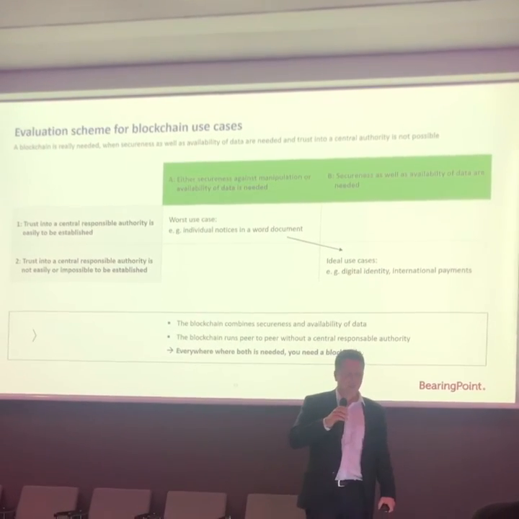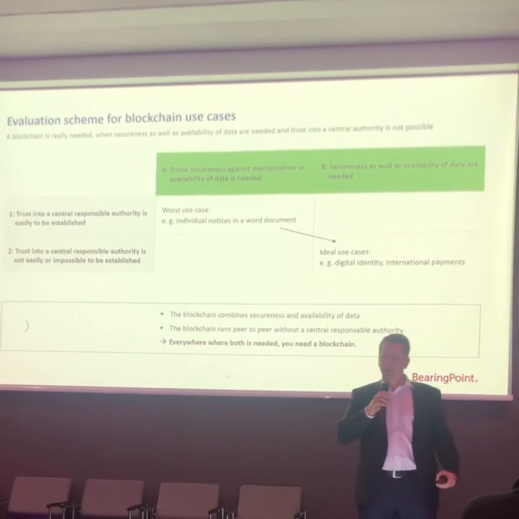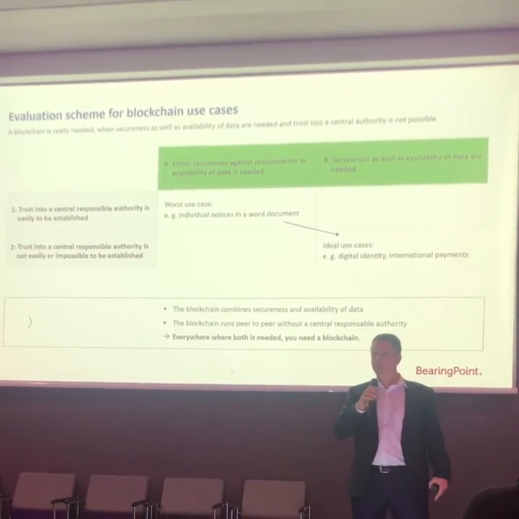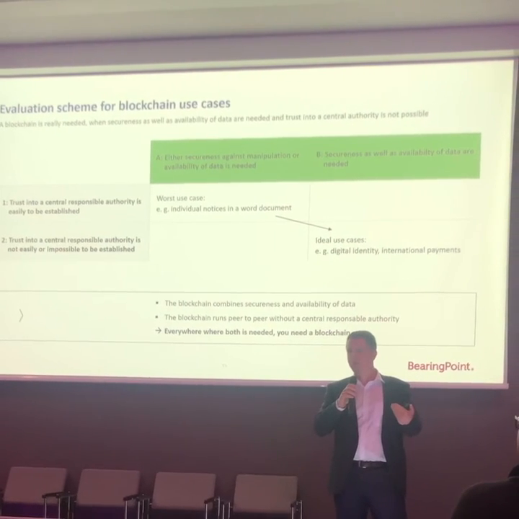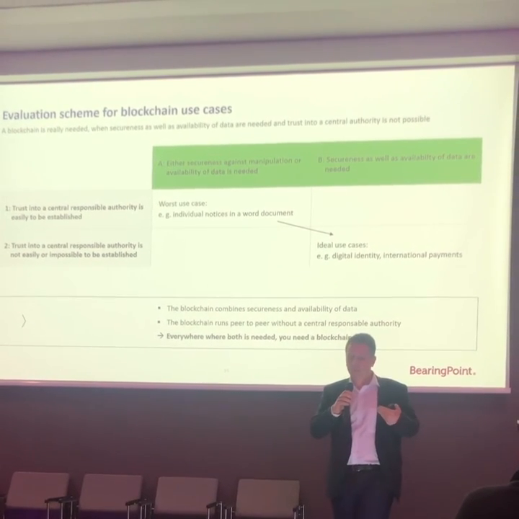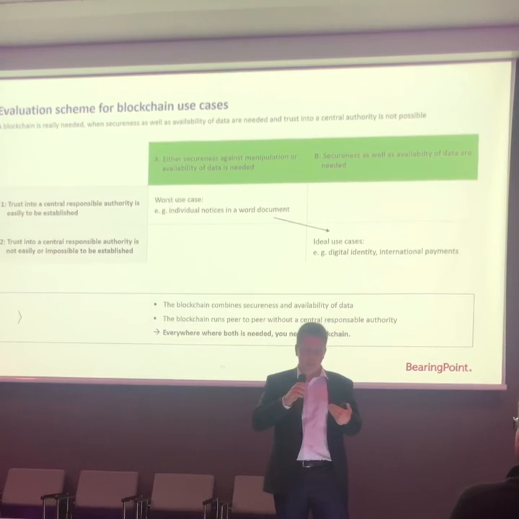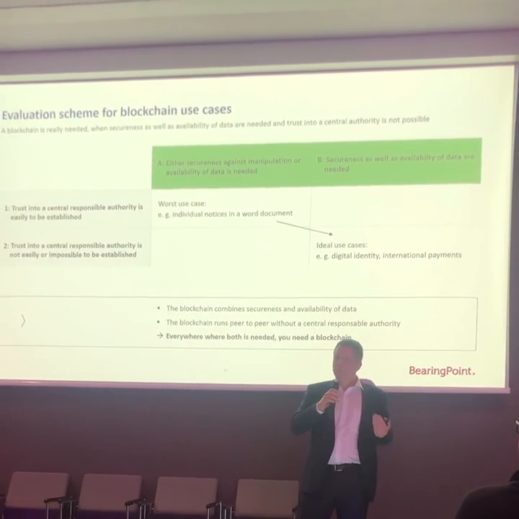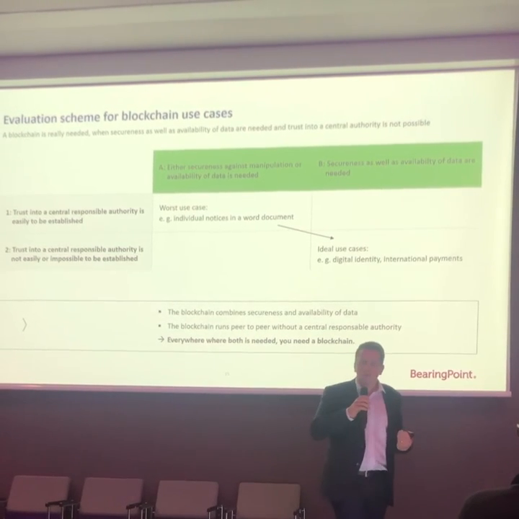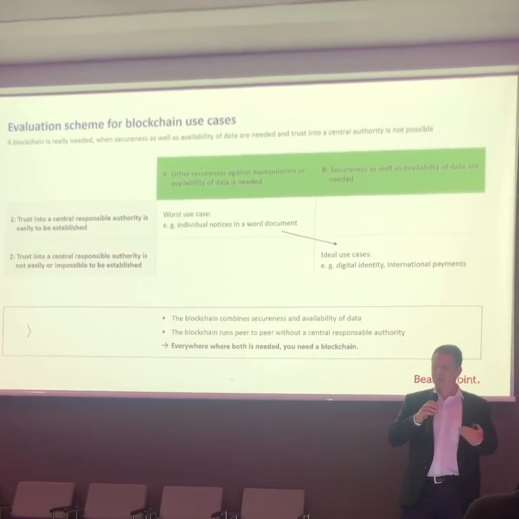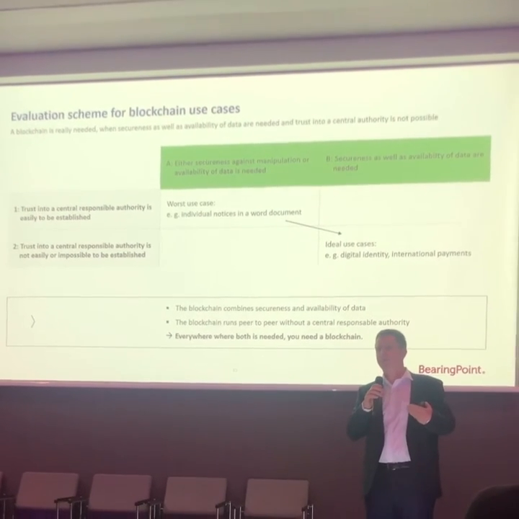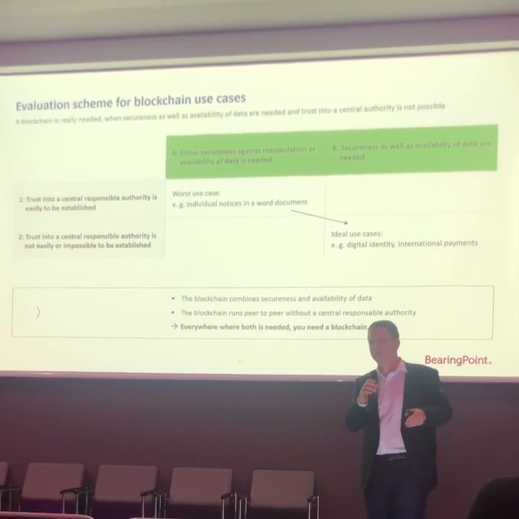So as I said, it can combine secureness against manipulation with transferability. So if you need both, it makes sense. And if you cannot really trust a central authority. So what would be ideal use cases? For example, digital identity. If it's just about my name, address, I can trust the government, that's okay.